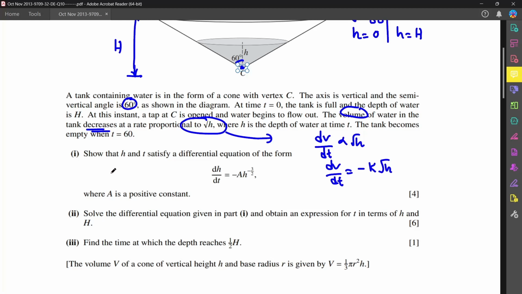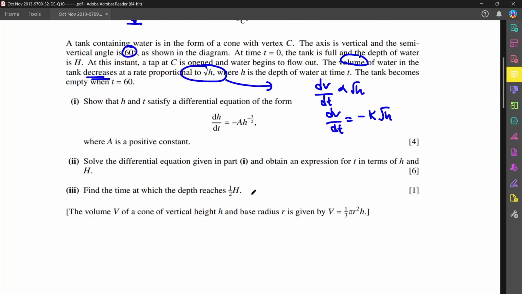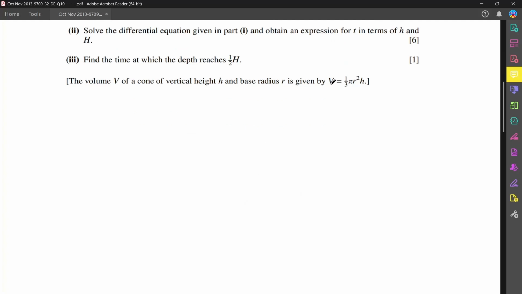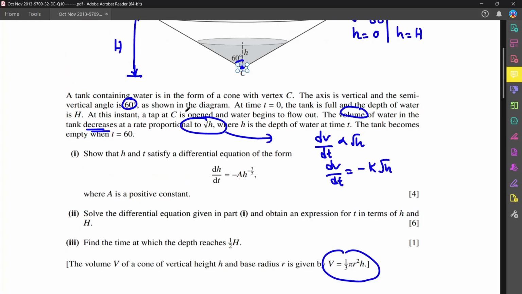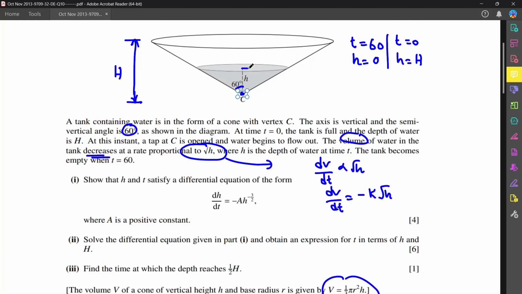Now, the first part of the question is to show that h and t satisfy a differential equation of the form dh by dt equals minus a times h to the power minus 3 by 2. So let's see how we can do this. Also, V equals 1/3 pi r squared h is given. If you look at the triangle, with radius r and height h, this forms a small right triangle.